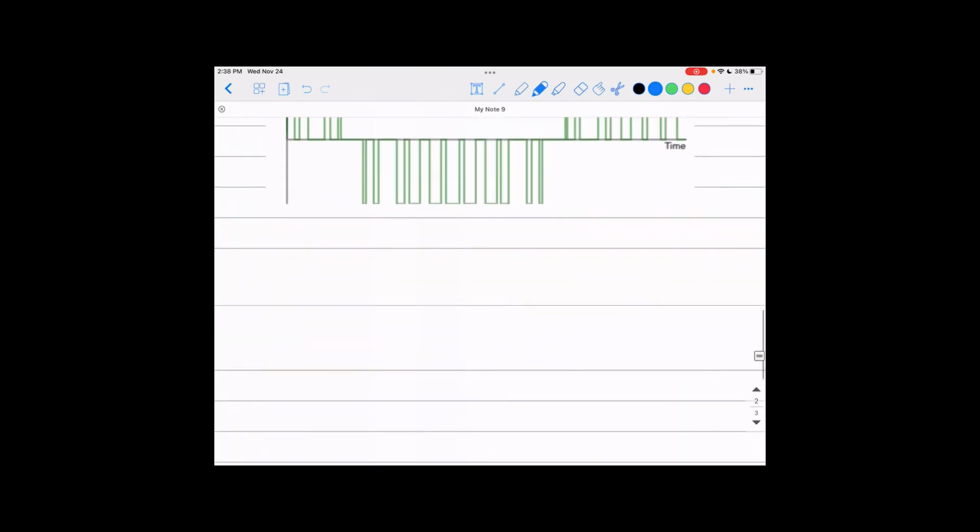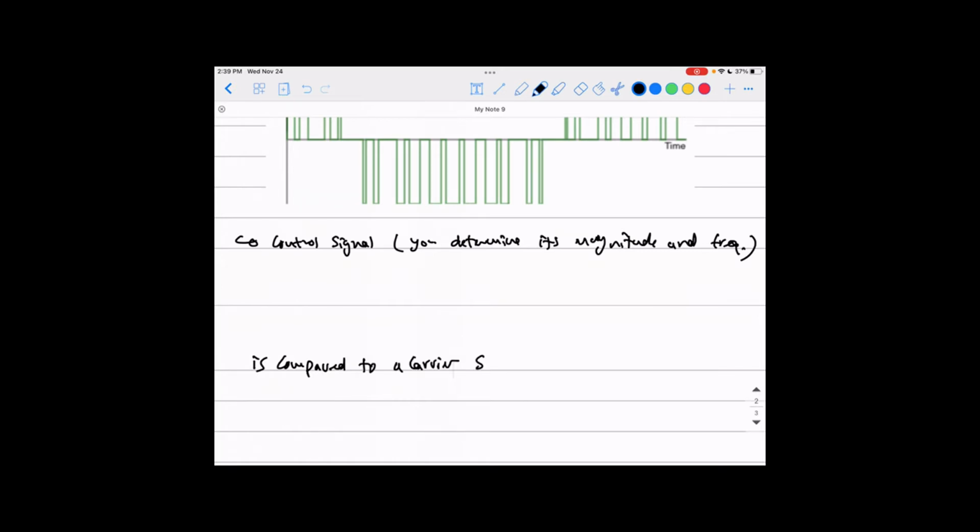That's basically all that happens. The control signal, whose magnitude and frequency you determine, is compared to a carrier signal with fixed magnitude and frequency.